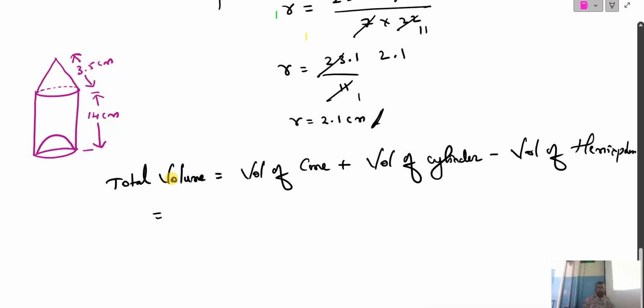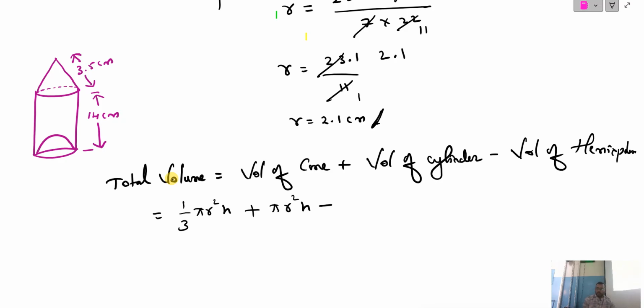So the formula to find the volume of cone is 1 by 3 pi r square h, plus volume of cylinder is pi r square h, minus volume of hemisphere is 2 by 3 pi r cube.